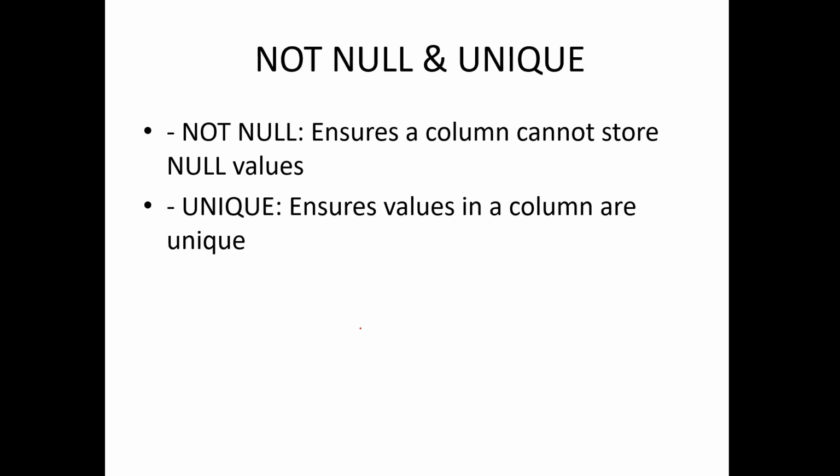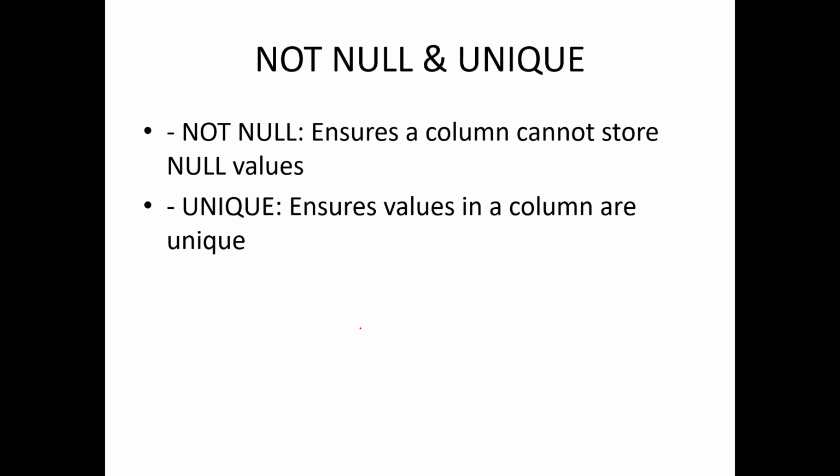The NOT NULL constraint ensures the username column cannot have empty values. Like if we have employee name in an employee table or student name in a student table, the NOT NULL constraint ensures the column cannot have empty values.